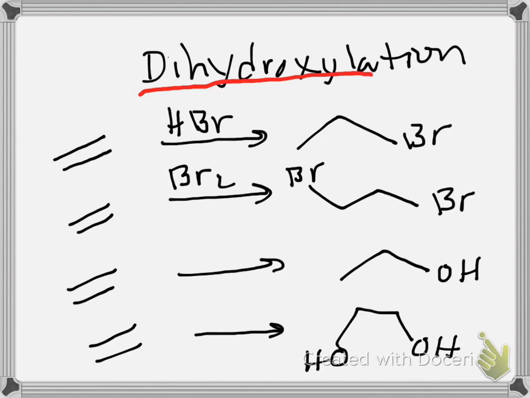So we're not going to look at the mechanism, but I still want you to know the reaction. The mechanism is a little bit complicated because it involves a transition metal. In this case, the transition metal is osmium. Osmium is down at the bottom of the periodic table in the transition metals section.